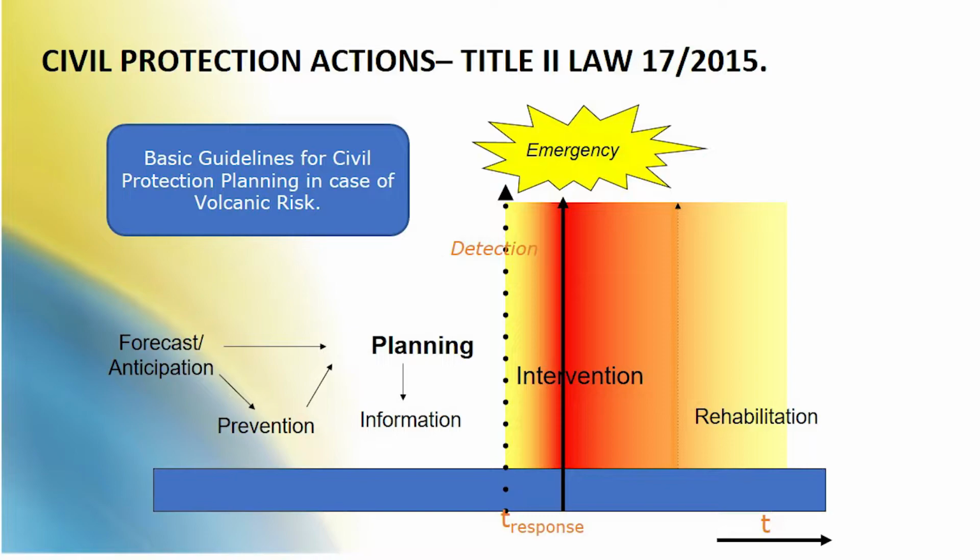In these actions, the public administrations have to do a lot of actions involving every one of them, like the anticipation, the prevention, the planning, the information to the population before, during, and after the emergency, the management in the moment of the accident or the emergency, and very important also the rehabilitation, and in the volcanic emergencies we know that nowadays we're still working on the risks.